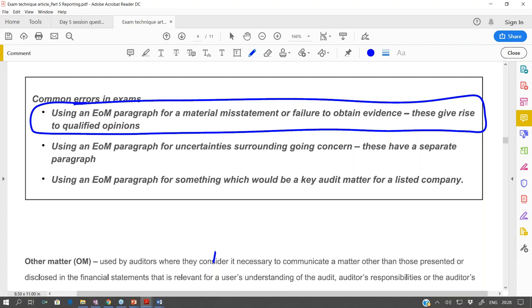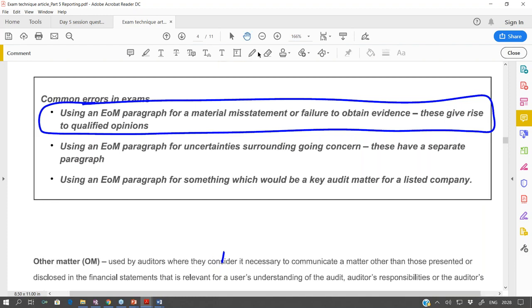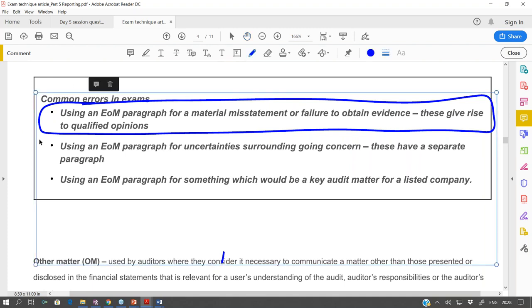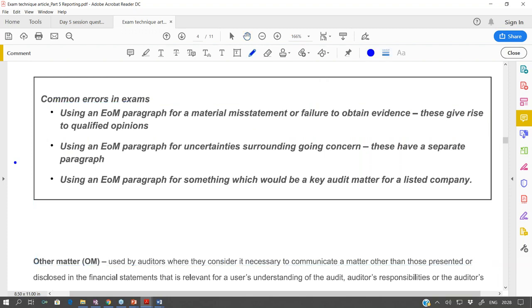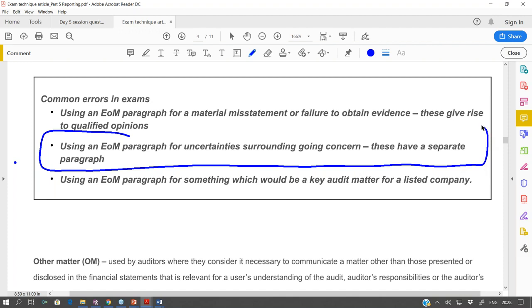Look at the second one. In the second one, the examiner says using an emphasis of matter paragraph for uncertainties surrounding going concern. These have a separate paragraph.